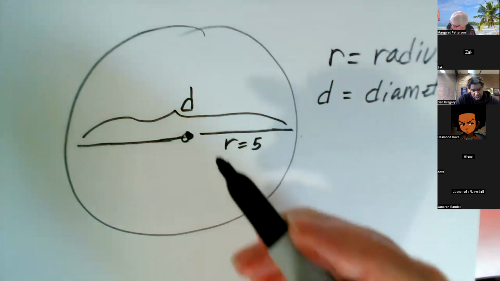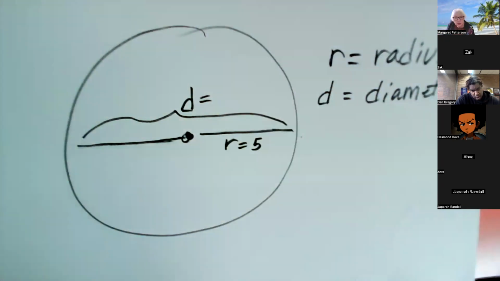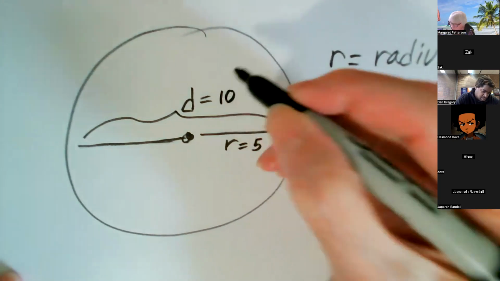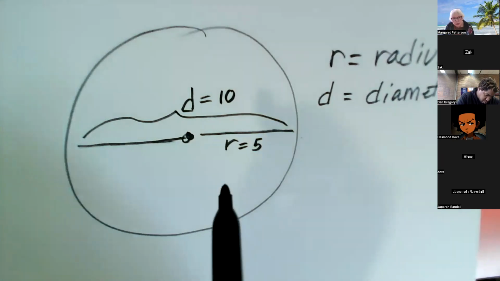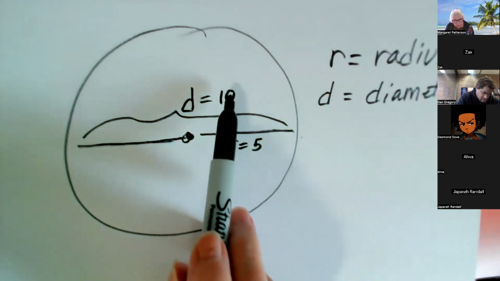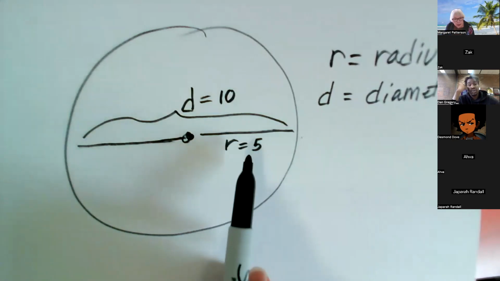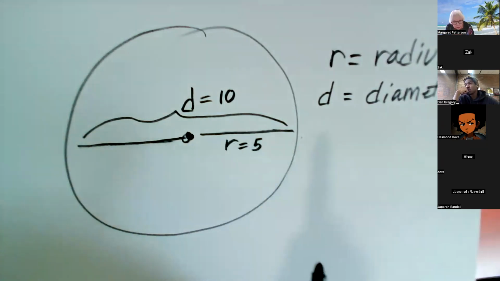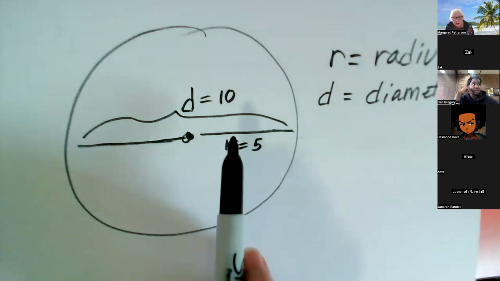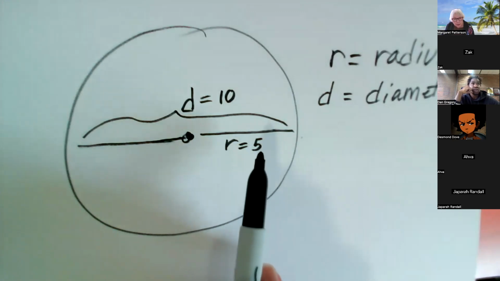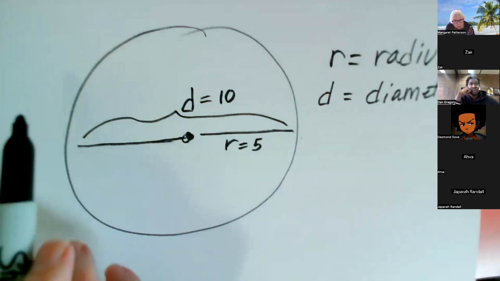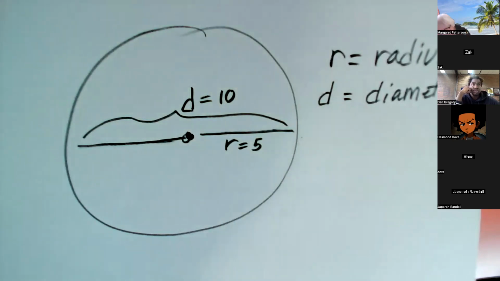I don't know if I got it quite centered. So can anybody tell me how much the diameter would have to be? 10. It would have to be 10. So if they give you the diameter and you need the radius for a formula, you have to cut it in half. If they give you the radius and you need the diameter, you have to double it. And I think it's easiest to see with a picture.